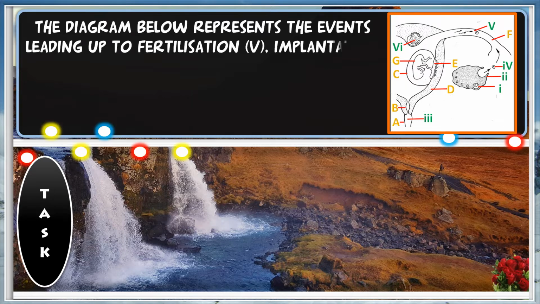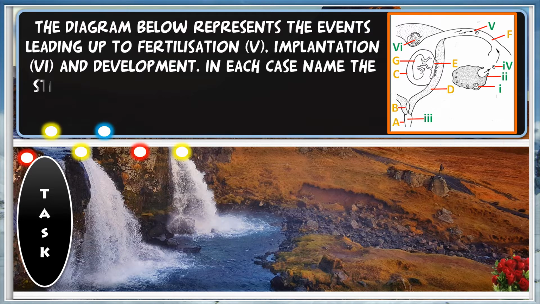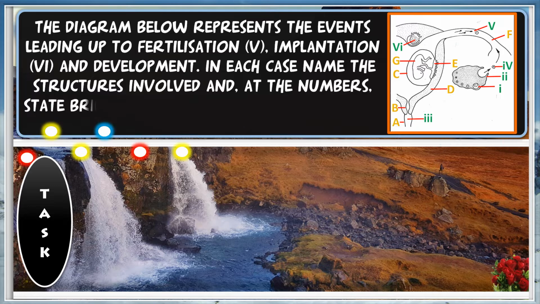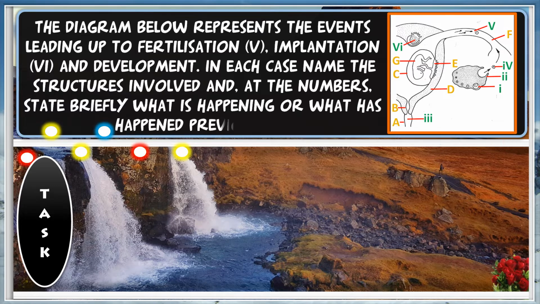The diagram below represents the events leading up to fertilization, implantation, and development. In each case, name the structures involved and at the numbers state briefly what happened or what has happened previously.